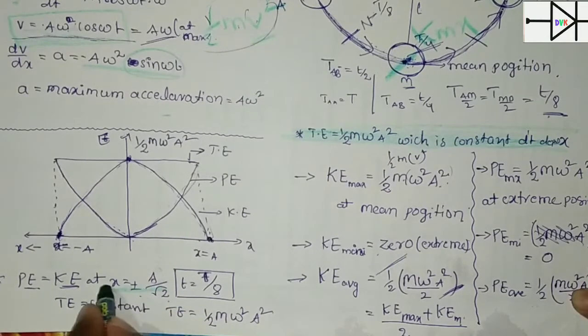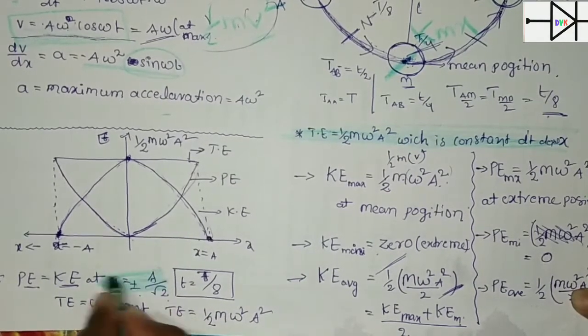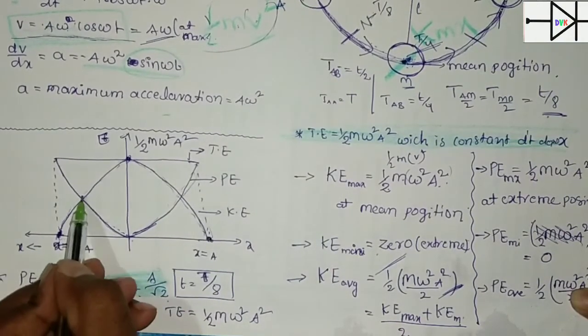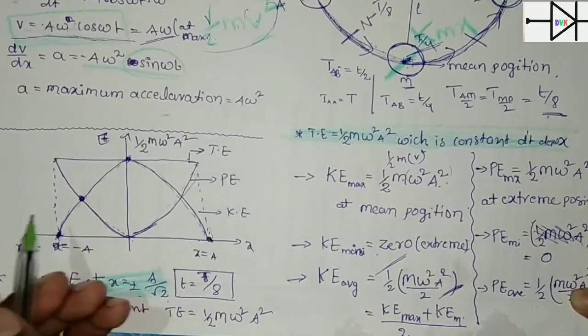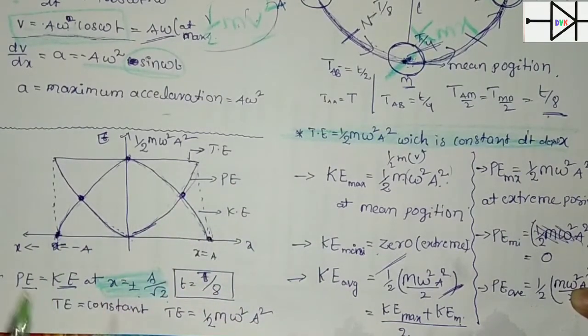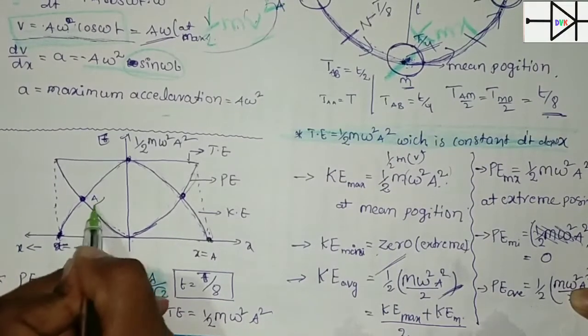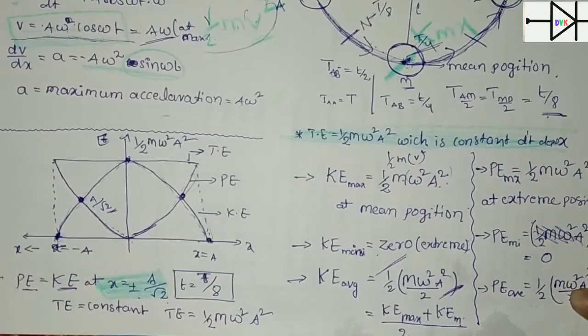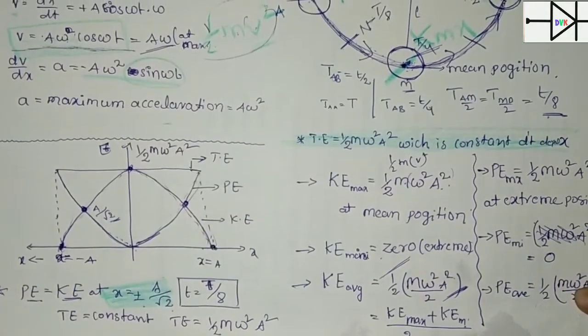At x equal to plus or minus a by root 2, kinetic energy and potential energy are the same. Displacement a by root 2. It is important.